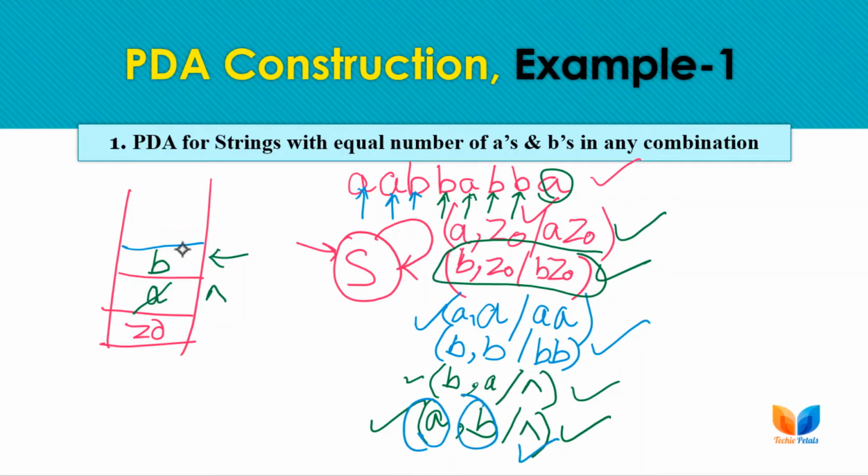So this B is replaced by a null and we have reached the end of the input now, and the stack top is Z0. So we can show acceptance after the end of the string when the stack top is Z0. That means we have cancelled out an equal number of A's and B's.